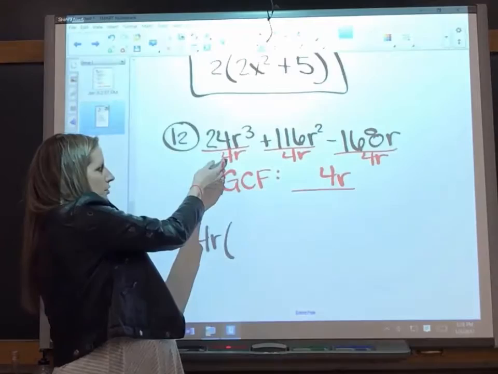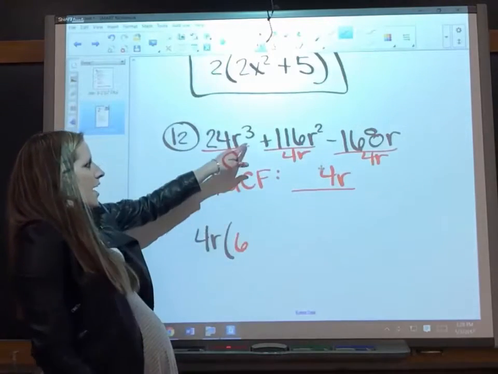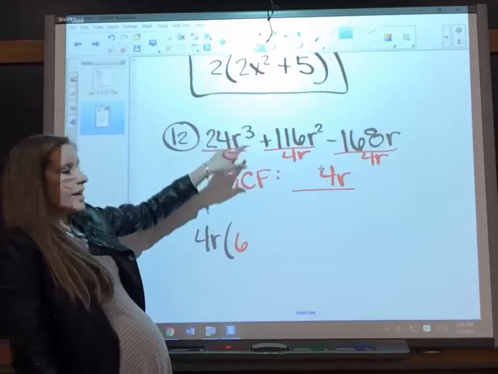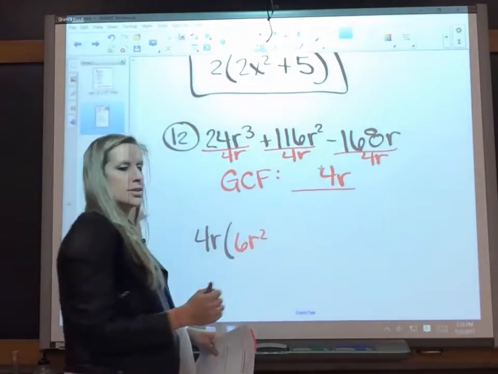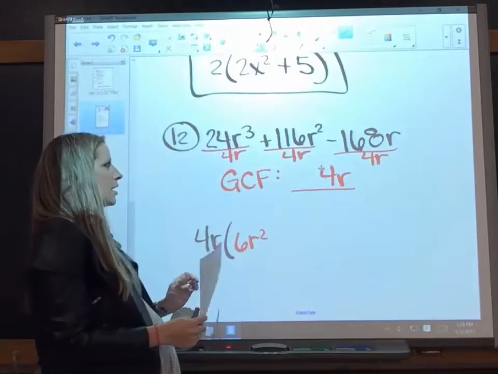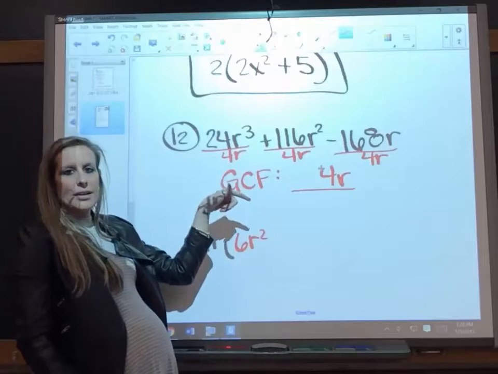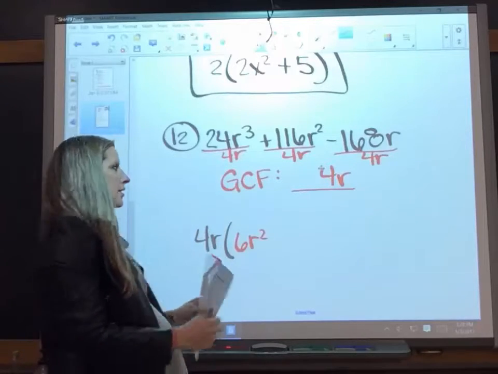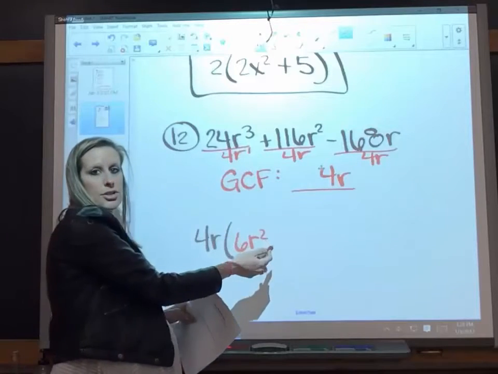So 24 divided by 4 is 6. If I have 3 r's and I take 1 out, I have 2 left, r squared. If you remember your laws of exponents, when we're dividing, you subtract your exponents, right? So 3 minus 1 will give me 2.